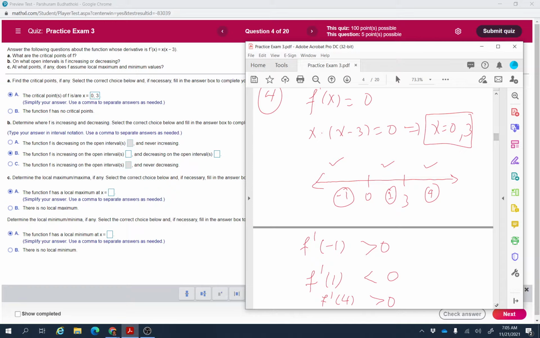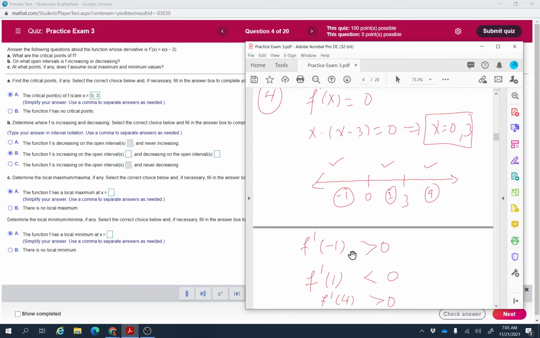The meaning of this is, on the interval here and then here, the function is increasing, and on the middle interval the function is decreasing. That comes from looking at the sign of the derivative. Whenever the derivative is positive, the function is increasing. Whenever the derivative is negative, the function is decreasing.